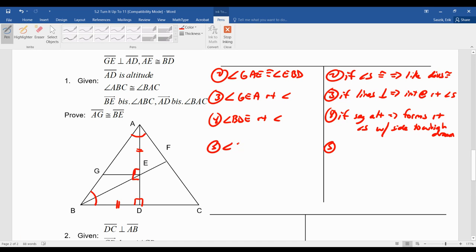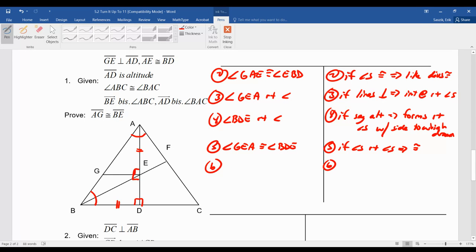So now we can finally say angle GEA is congruent to angle BDE if angles right angles then congruent. So it took us all those steps just to take care of the angles. That took a little bit. But now I think we're ready to say we have congruent triangles, right?